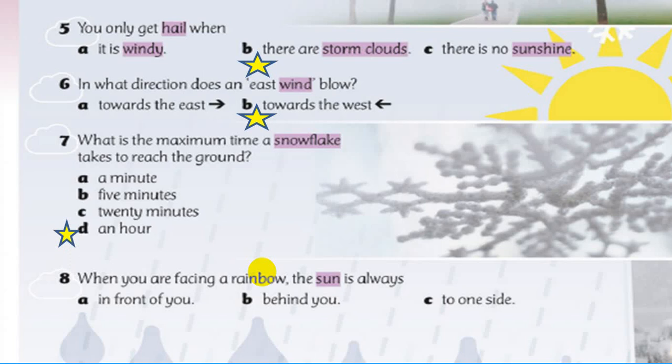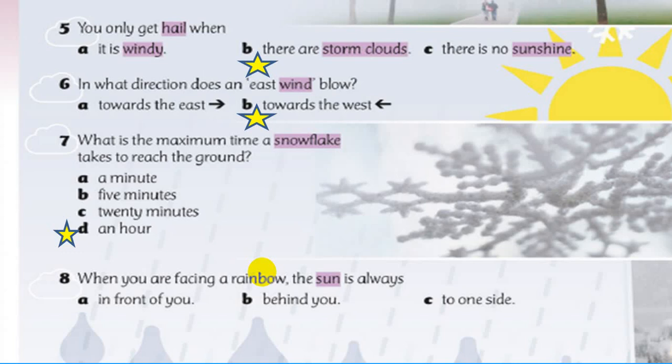8. When you are facing a rainbow, the sun is always A. In front of you. B. Behind you.